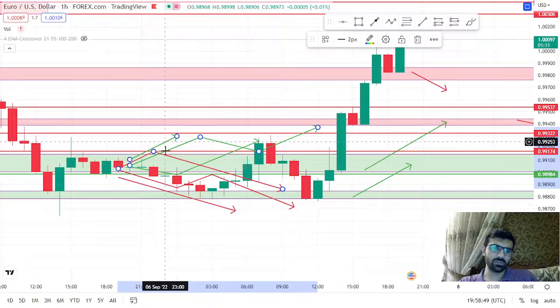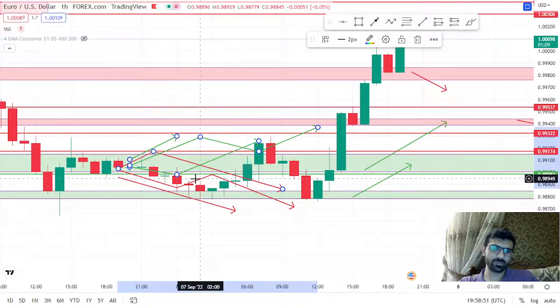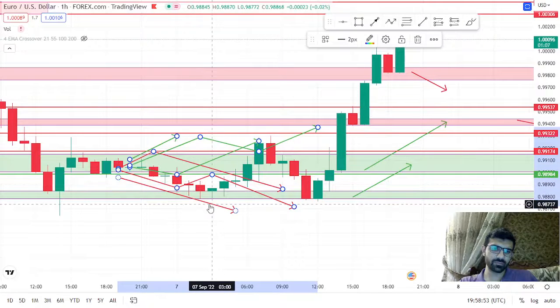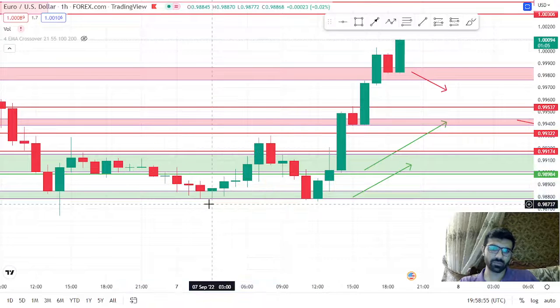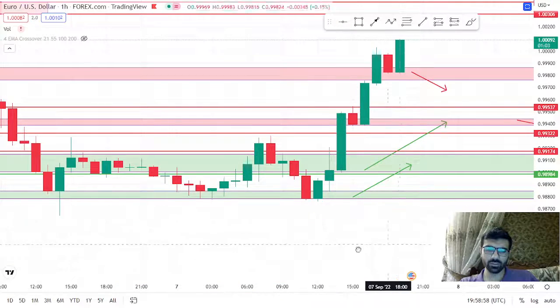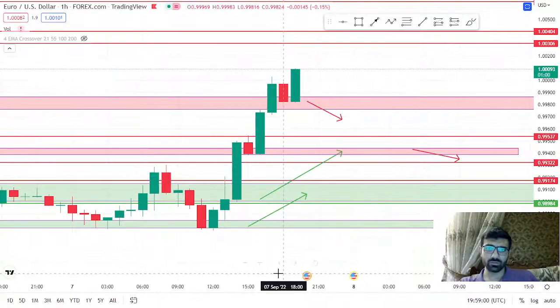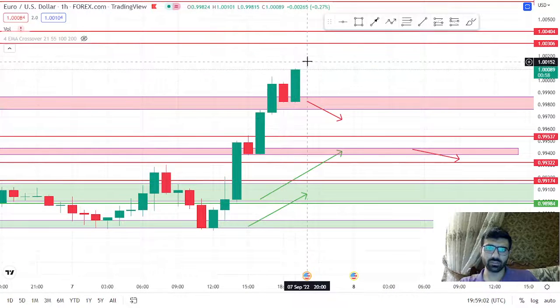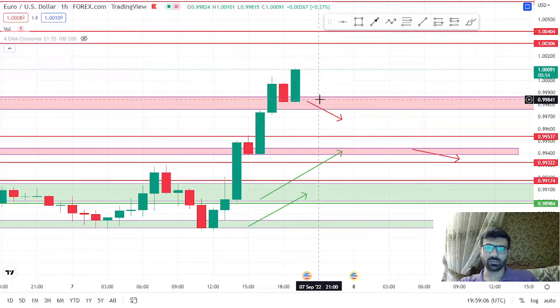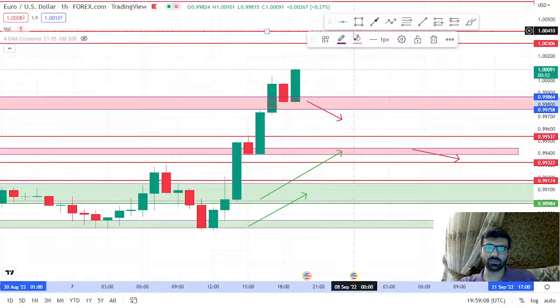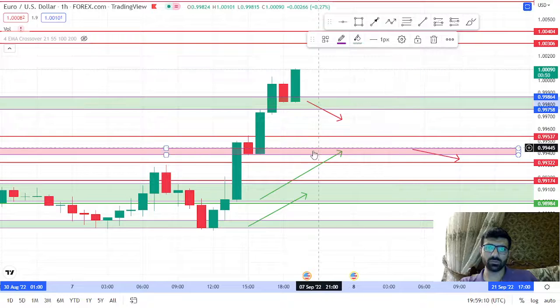Let me remove the previous setups. Okay, so the market is currently over here and is making a new high. So this area is now going to act as an area of support, and even this area.